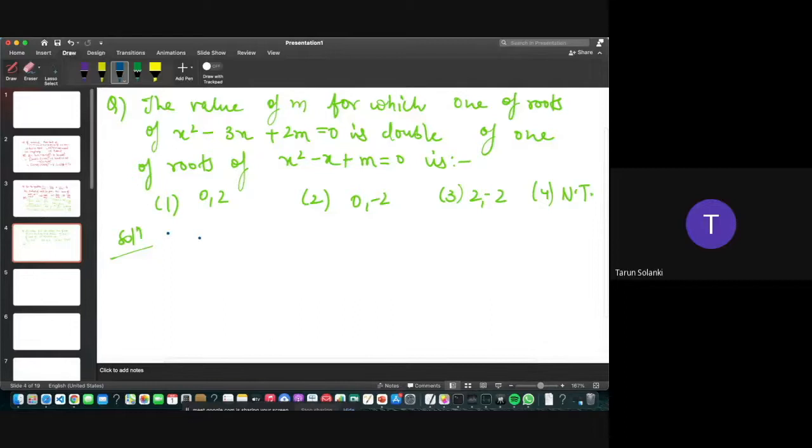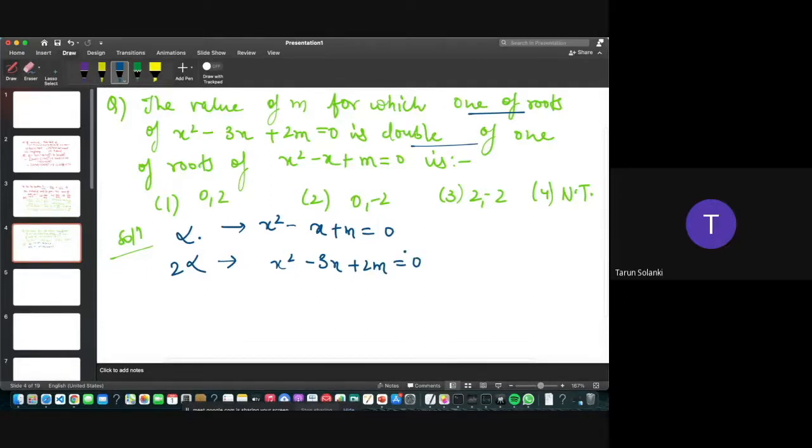So to solve this question, what is the condition given here? Like one of the roots is double of the other. Okay, so let alpha be a root for x square minus x plus m equals to 0, right? So 2 alpha will be a root for x square minus 3x plus 2m is equals to 0.